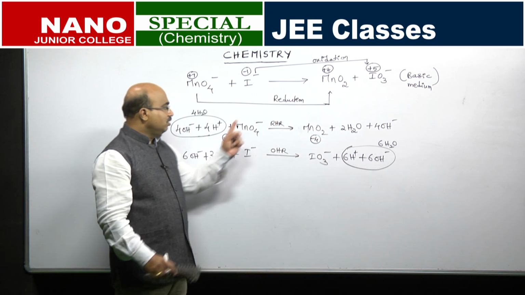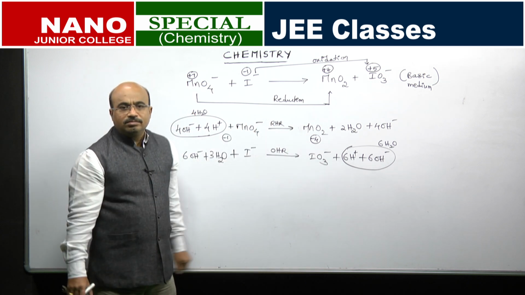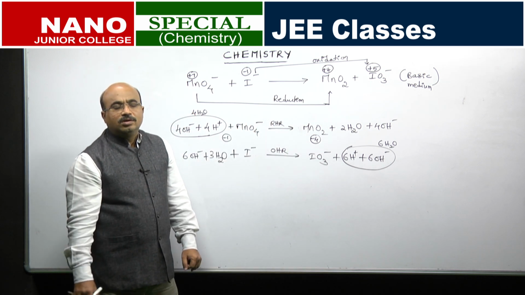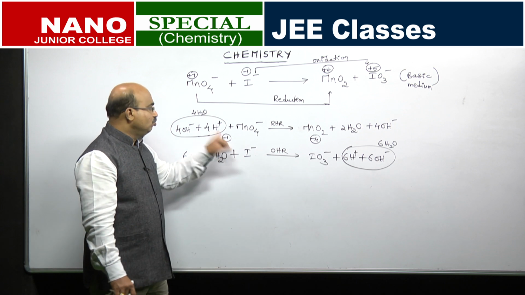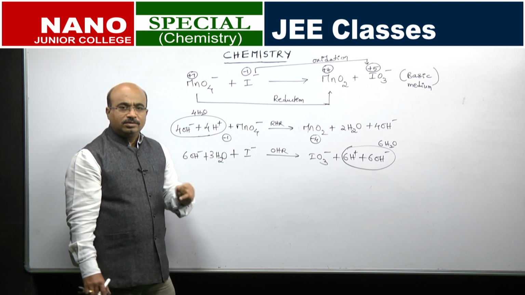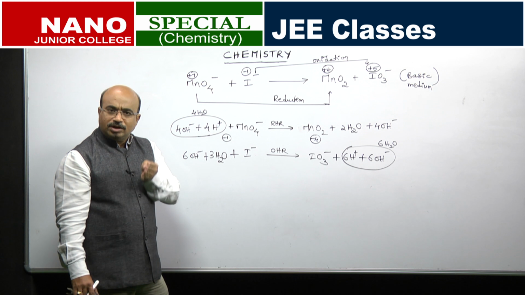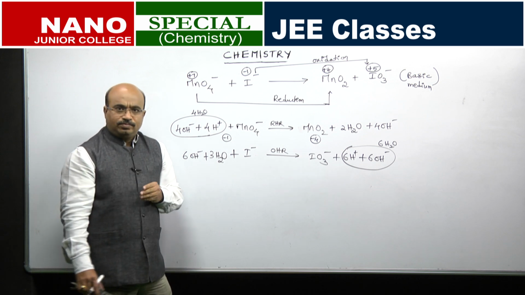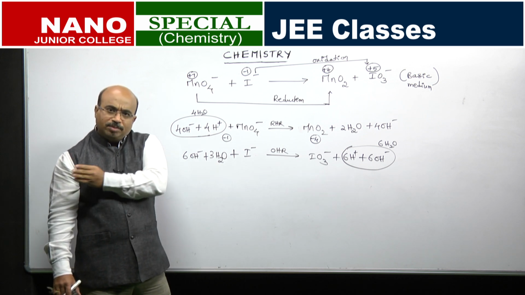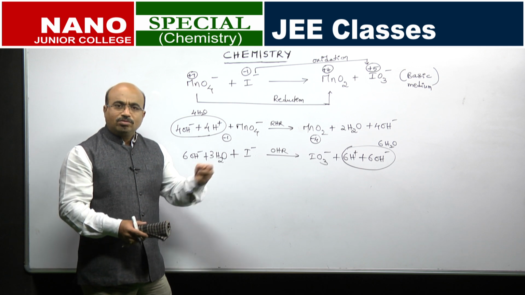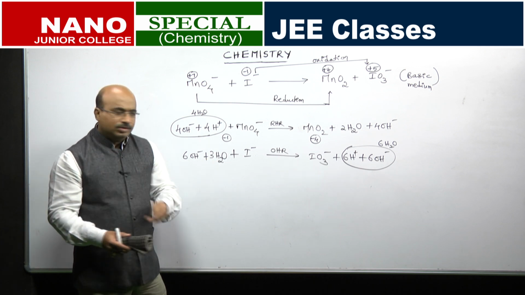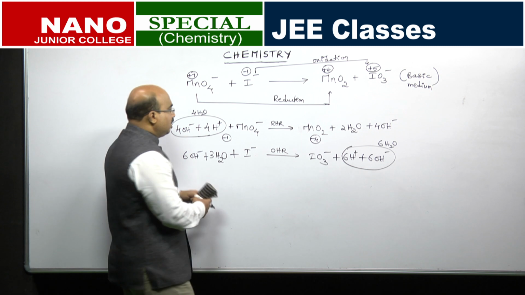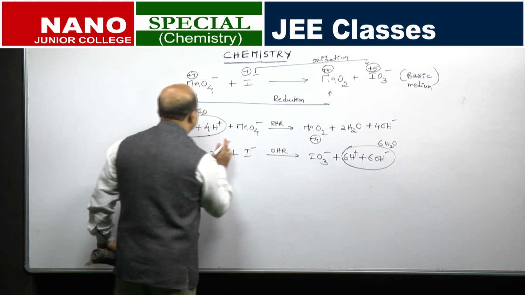So, -1 here, -4 here. So, how many units of positive charge is more here? 3: -1, -2, -3, -4. 3 units you are moving back. So, you have to decrease the 3 units here. So, to decrease the 3 units, we are adding 3 electrons here.